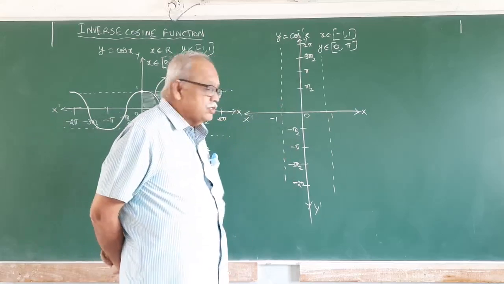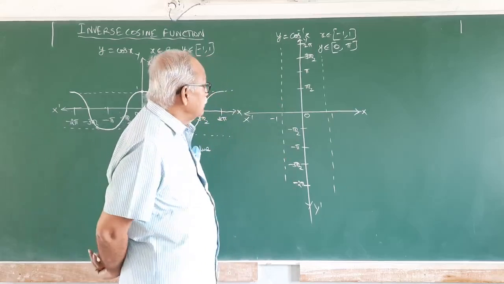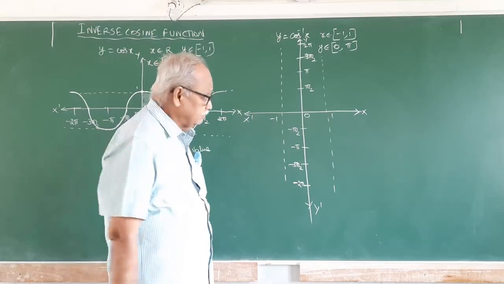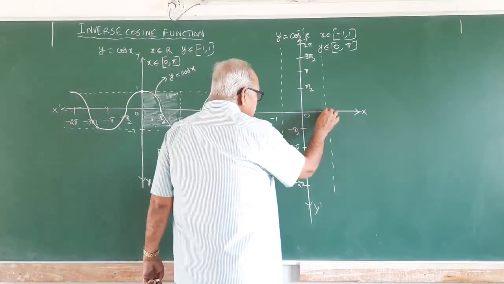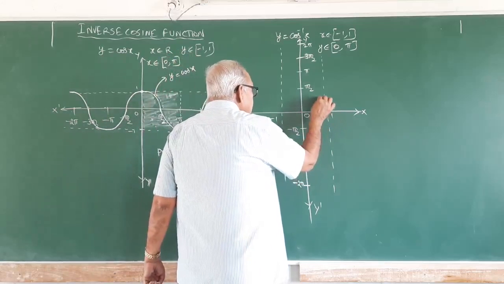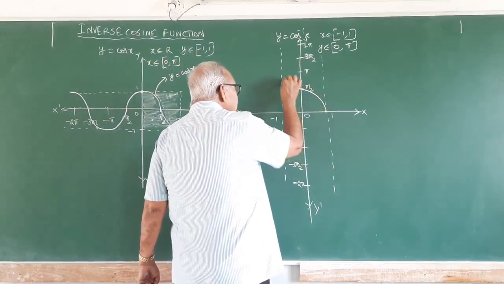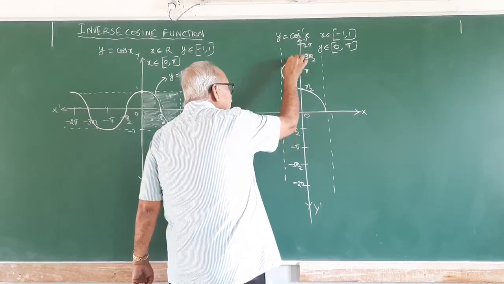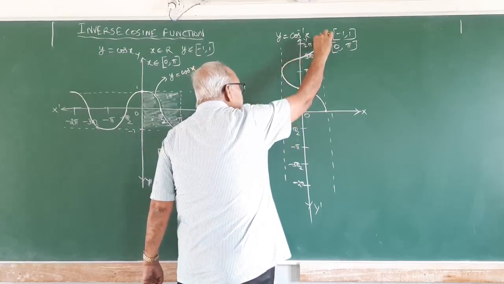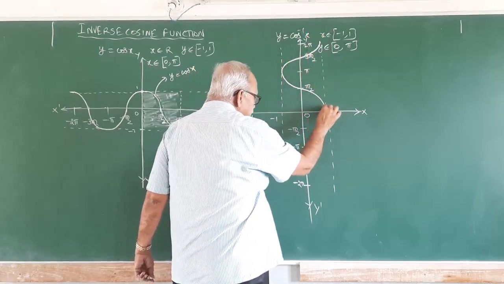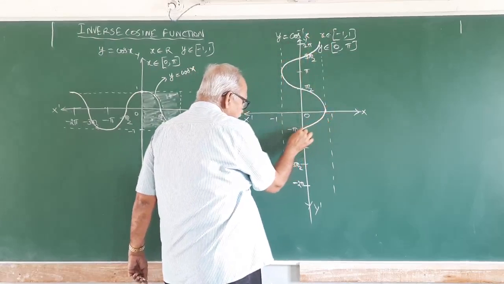Now cos inverse of 0 is 1. So where it starts, you see, and then it goes like this, and again it comes like this, and it will reach 2 pi.